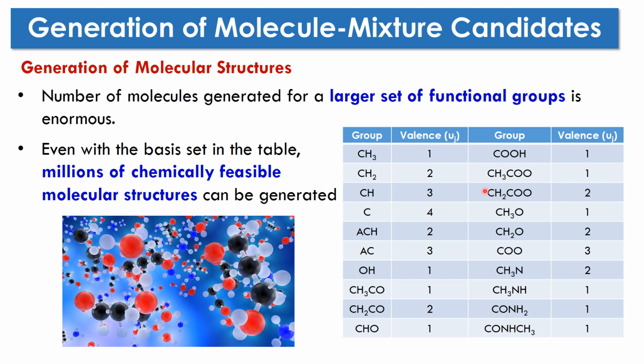Based on these 20 groups, we can generate millions of chemically feasible molecular structures. So it's hard to do it manually, right? So we need certain rules, and then we can convert those rules into a molecular program so that we can generate the compounds which satisfy all the rules. Okay, and the list of compounds generated would be the feasible compounds. Okay.